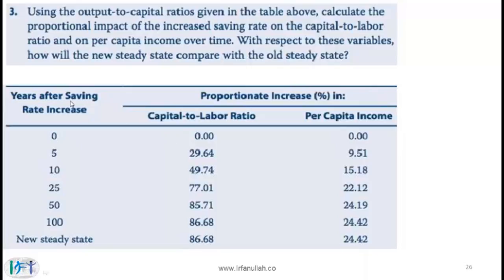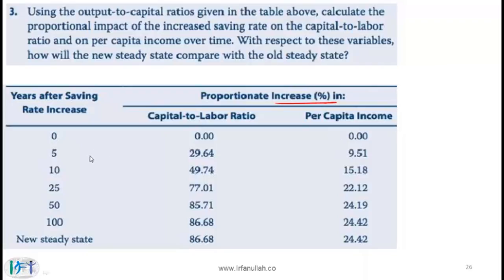So when the saving rate goes up, what happens? Immediately after the increase in saving rate, there is no immediate change in the capital to labor ratio. It takes some time to use the additional saving to buy capital. So initially the capital to labor ratio is unchanged, so the percentage increase is 0, and therefore the percentage increase in per capita income is also 0.